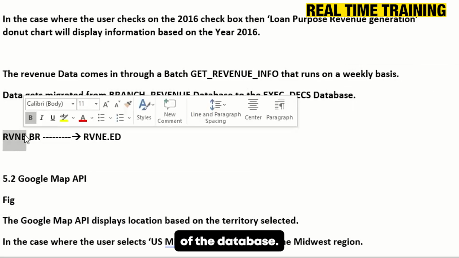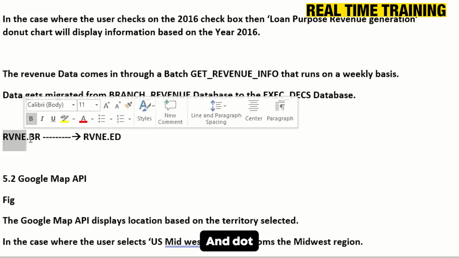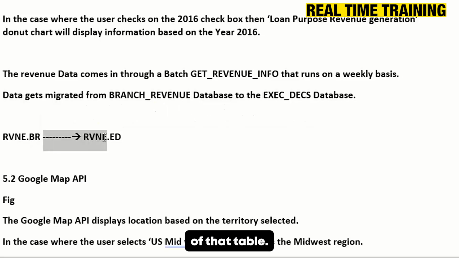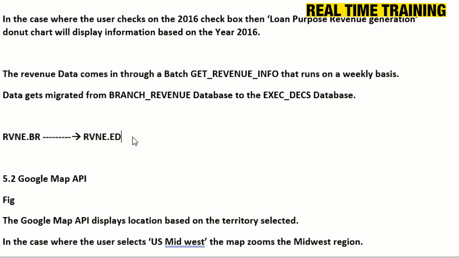This is the name of the table, revenue, and dot, the column of the table. These two are different tables in different databases, by the way. From this table's br column to this table's ed column. So this is what is called data mapping on a very high level.